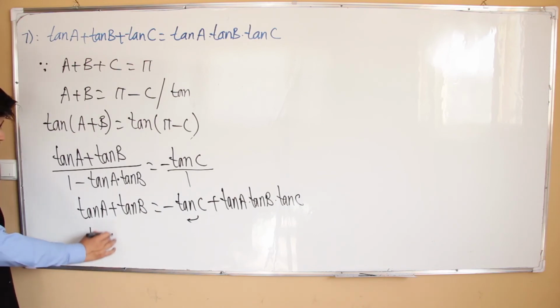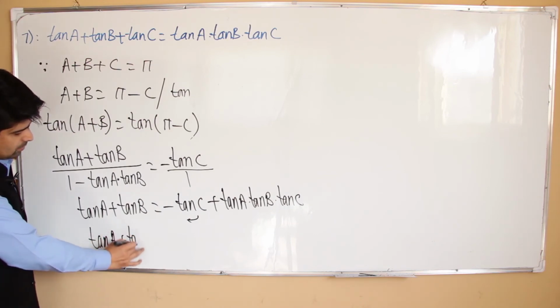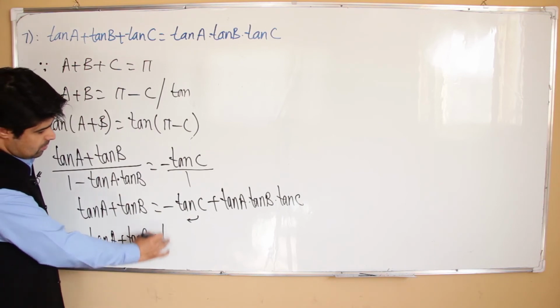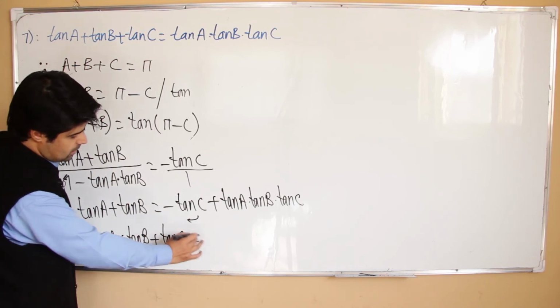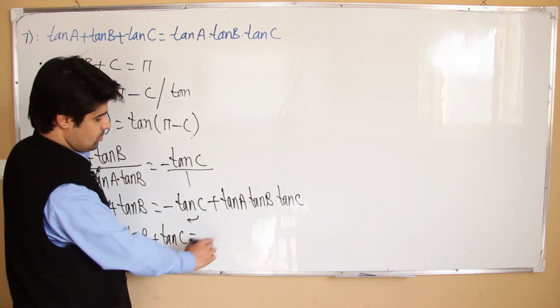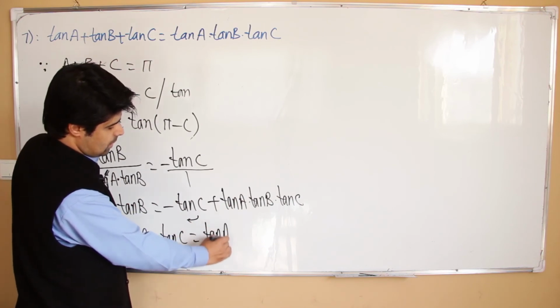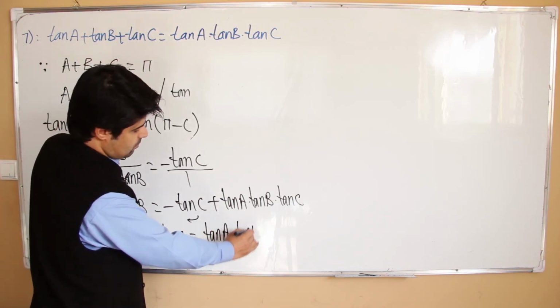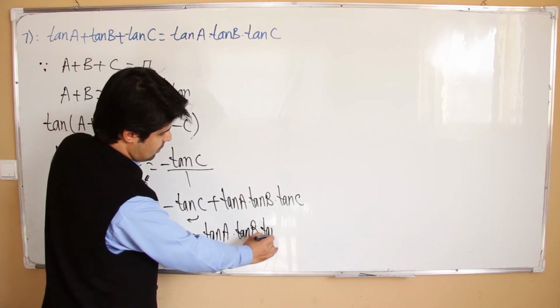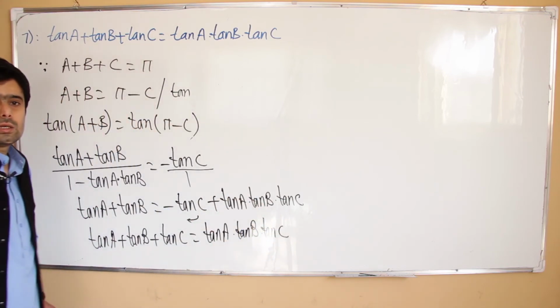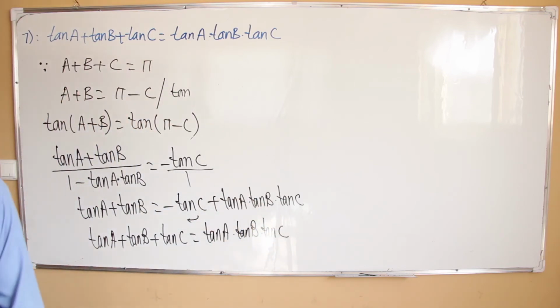So what would you have? Tangent A plus tangent B plus tangent C is equal to tangent A times tangent B times tangent C. I think it is proved. Write it, please.